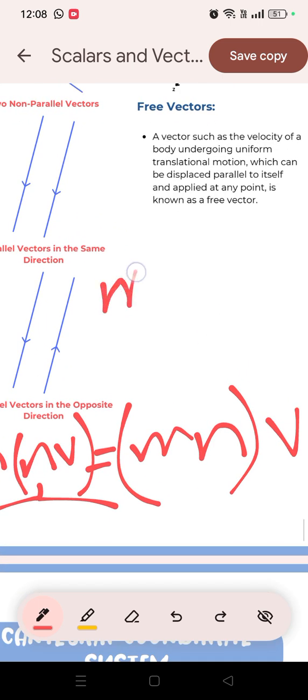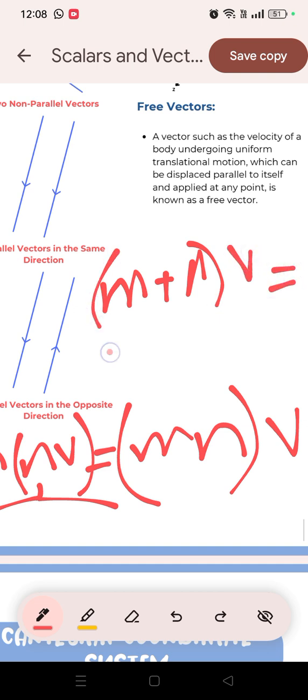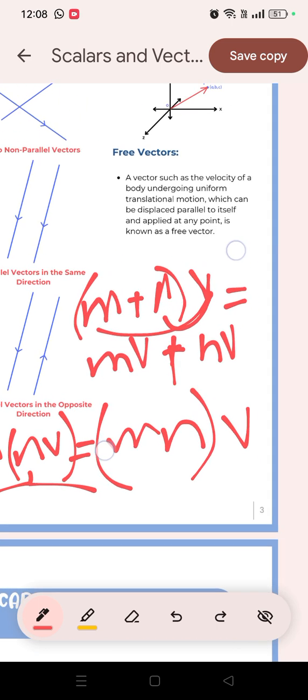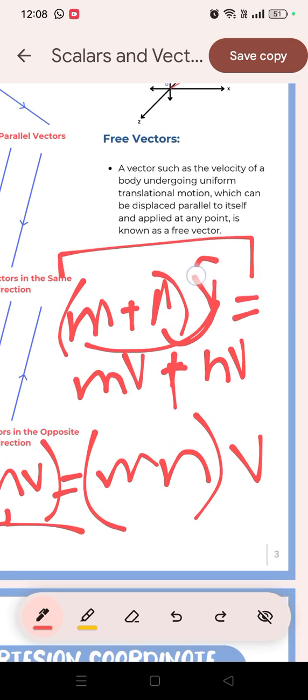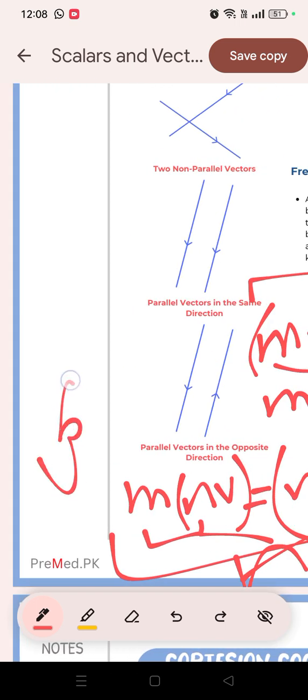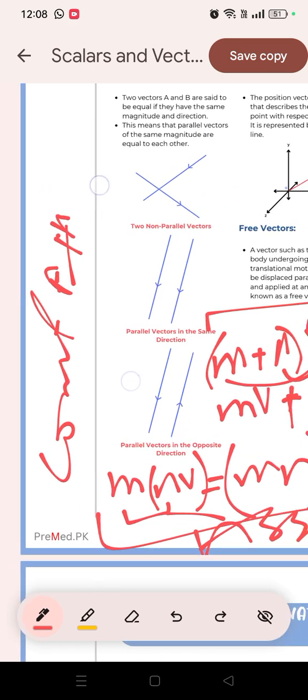It would be M plus N, and if we multiply through a bracket V, this would be equal to MV plus NV. We have just multiplied this V with this one and again with this one. So this is distributive. This is associative. We also have another law which I just told you, the commutative law, which was simply A plus B or B plus A. So I'm sure it's clear to you.